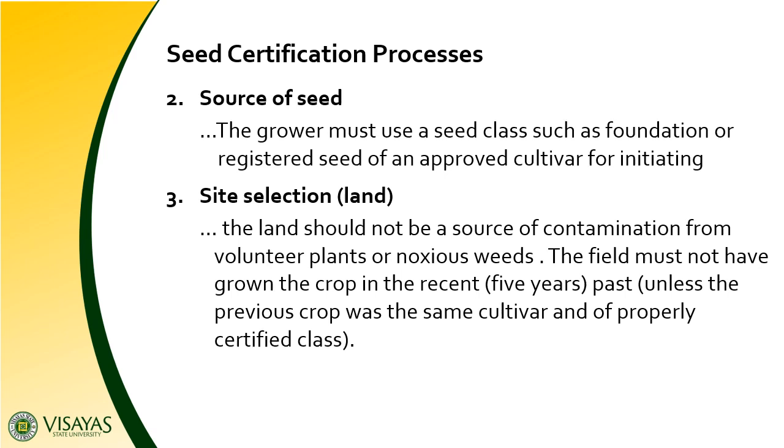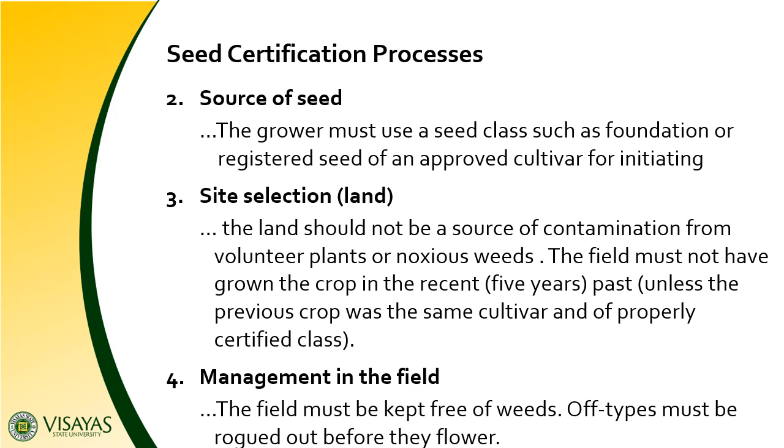Or if it was planted, the crop planted should be the same cultivar and the same seed class as the seeds now being registered. The next is the management in the field. The field must be kept free from weeds.